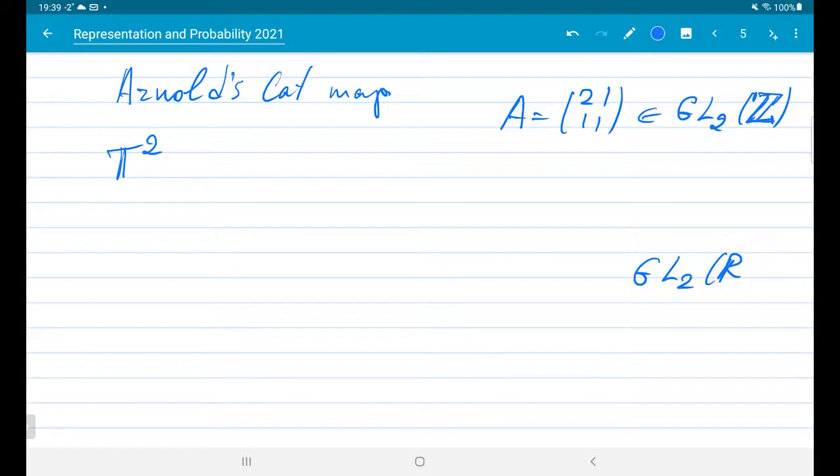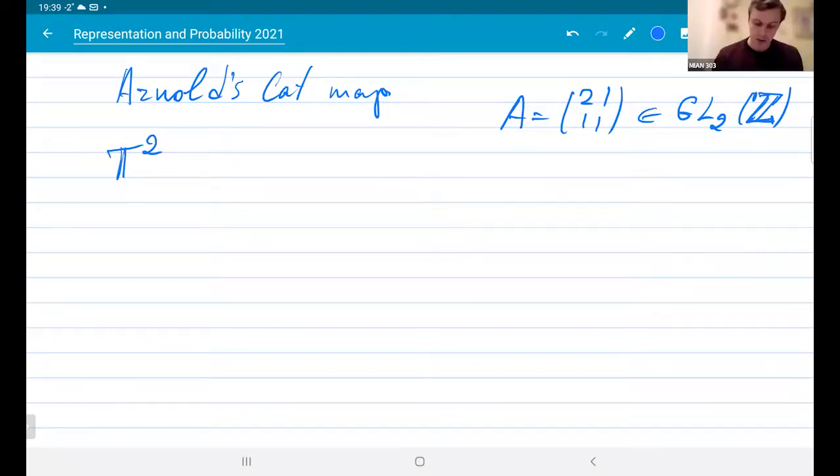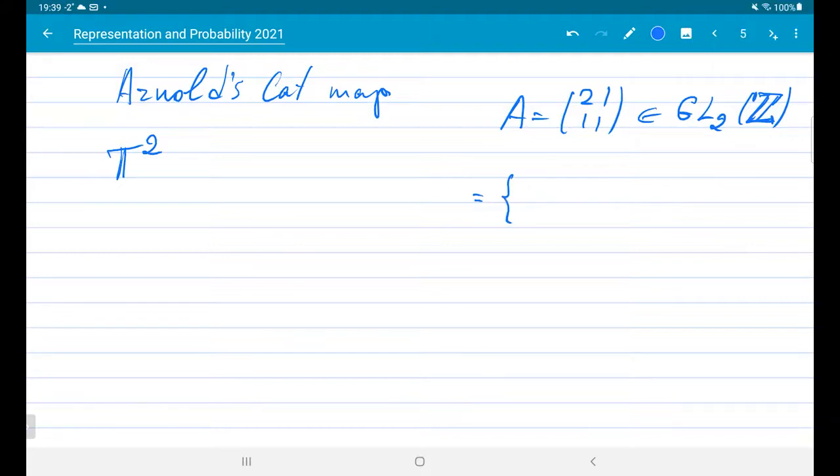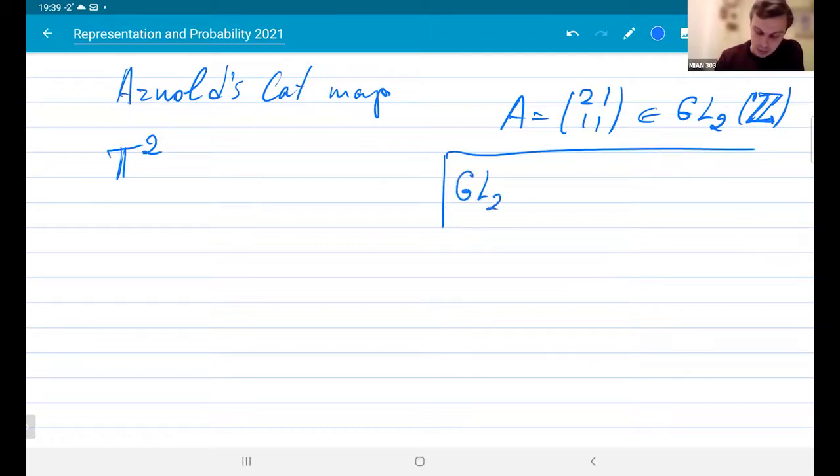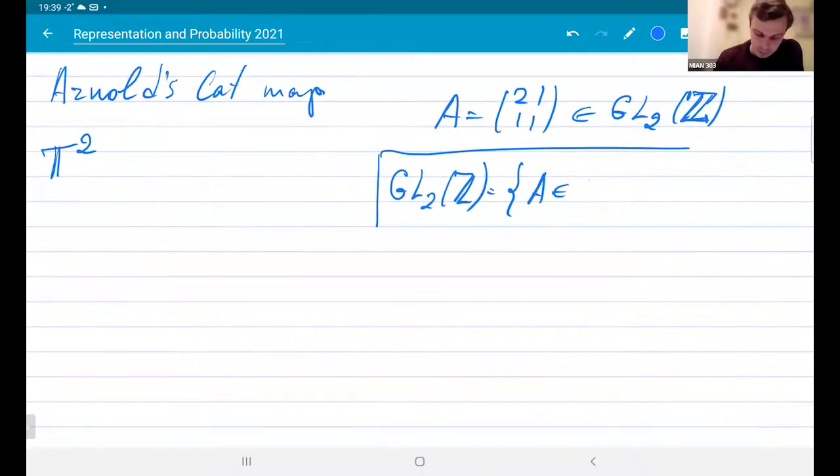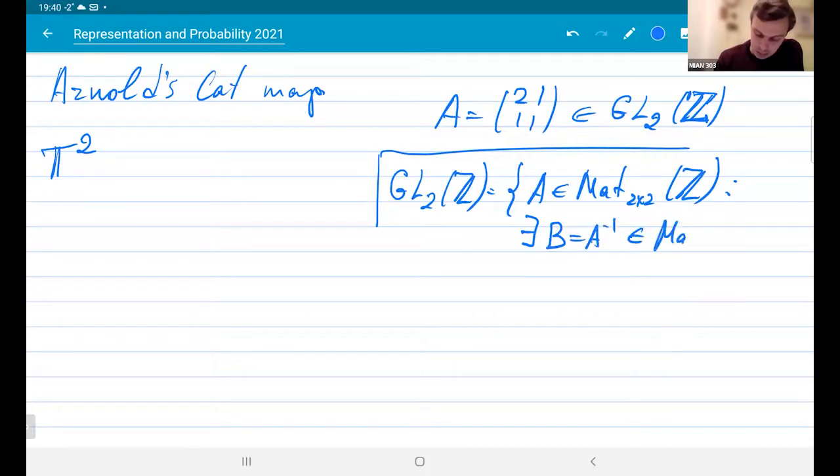Let me write it down. GL2(Z) is the set of A, 2x2 matrices, such that there exists B equal to A^(-1), and it also belongs to the 2x2 integer matrices.